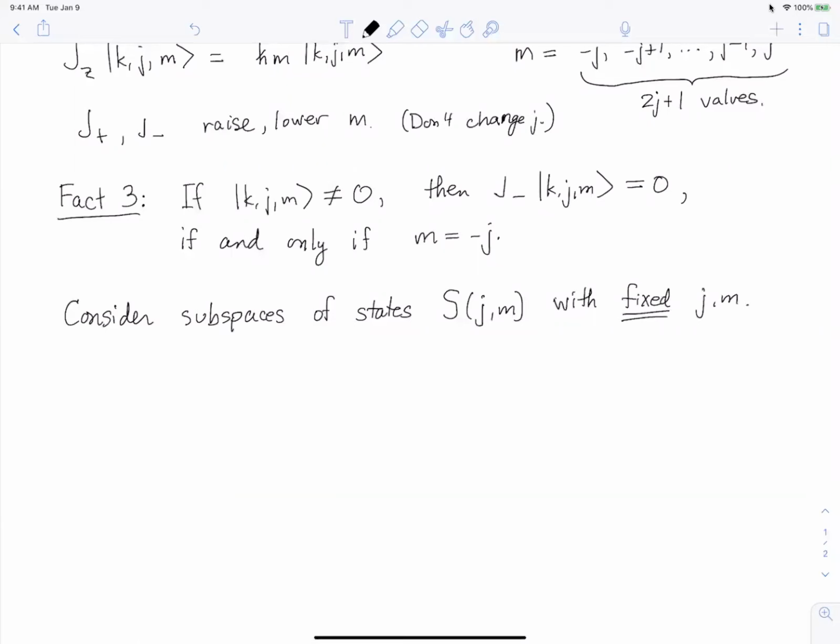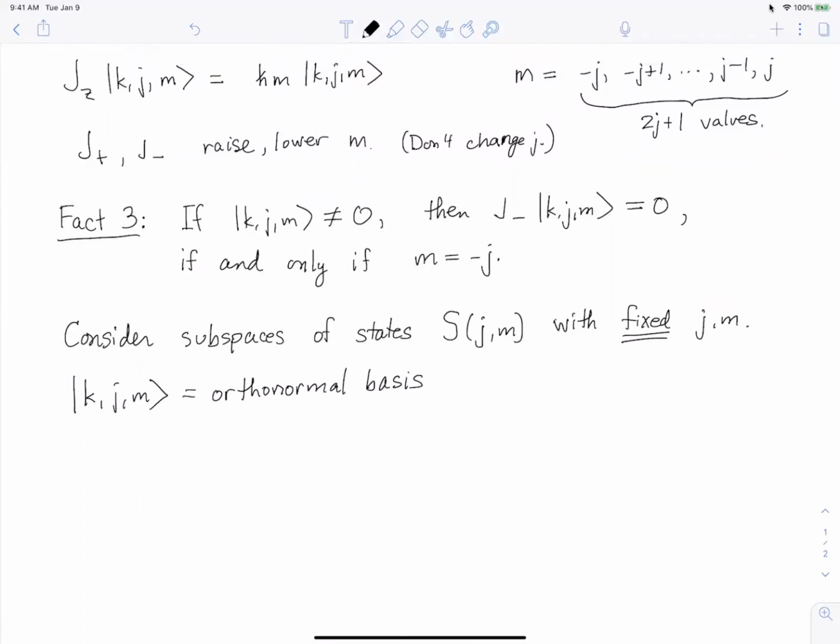So of all the states in the Hilbert space, we select the ones that have some fixed value of j and m and consider that subspace. There's an orthonormal basis for these, which I can label as |k, j, m⟩. It's not actually different from the orthobasis I wrote down before, it's just that now I'm restricting to some fixed j and m for those states.